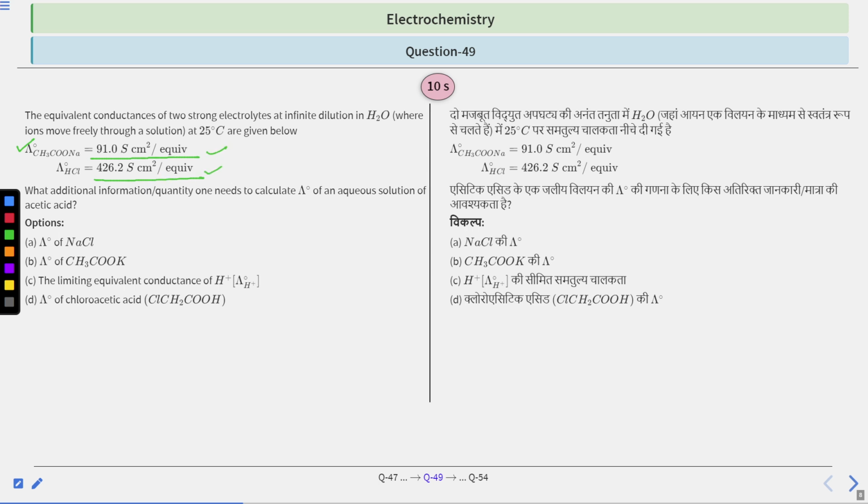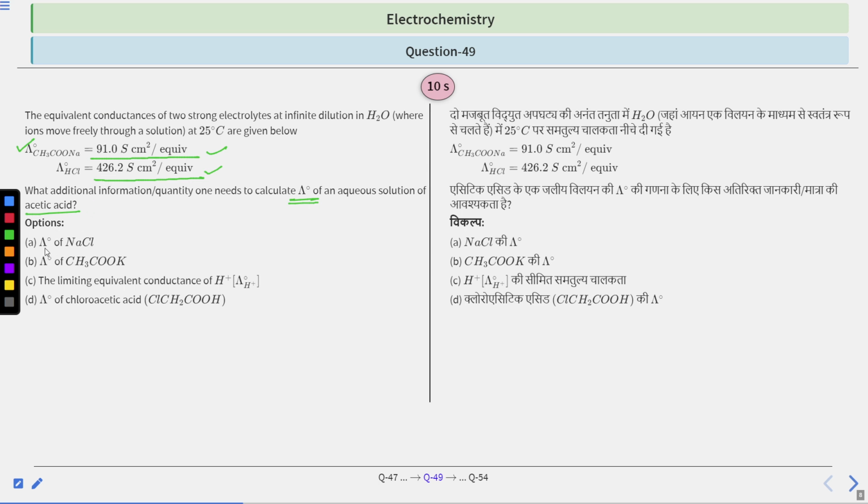Now, what additional information or quantity does one need to calculate lambda naught of an aqueous solution of acetic acid, CH3COOH? What extra information do you need other than these two values?